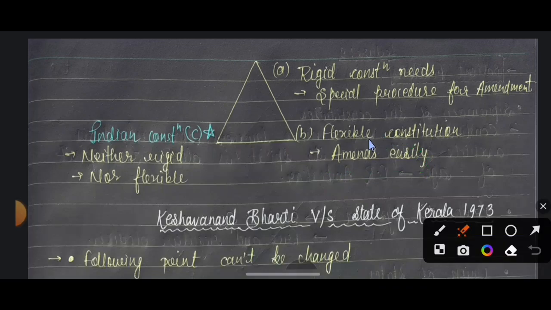But our Indian Constitution is neither rigid nor flexible. It is a mixture of rigid and flexible constitutions. This simply means that the amendment of the Indian Constitution is neither too difficult nor too easy. If you want to amend the Indian Constitution, it is not so hard and not so easy either.